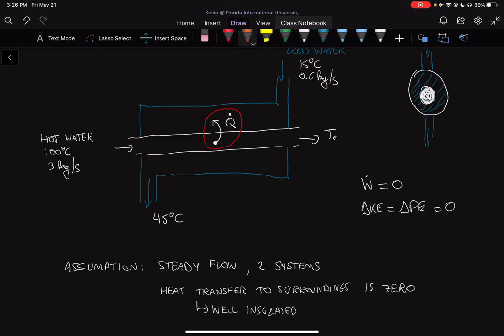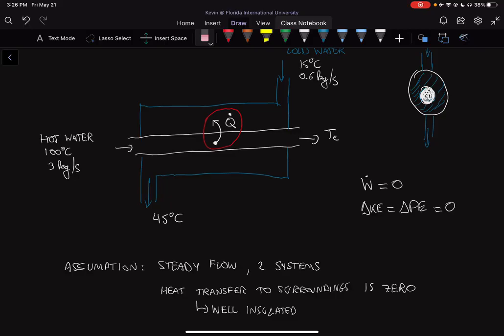The outside would be anywhere outside of this boundary right here. We could have, for example, some Q dot coming out, but we're not told any information on that. So we're just going to ignore that for now. We're assuming that it's equal to 0 because our system is well insulated.